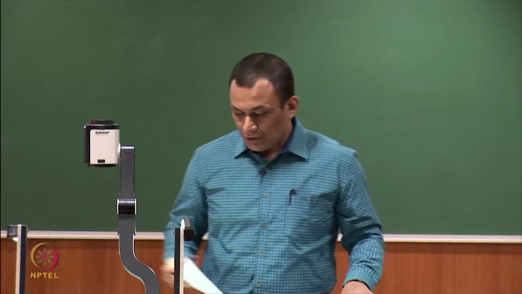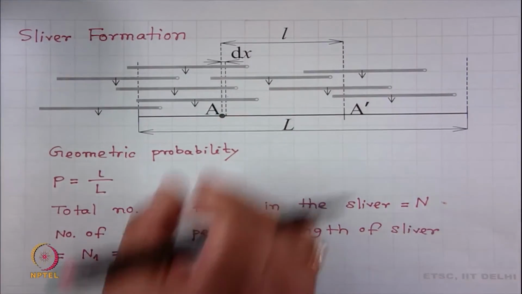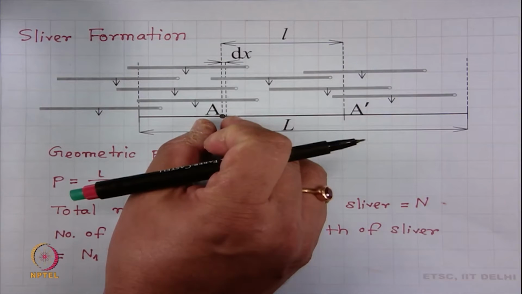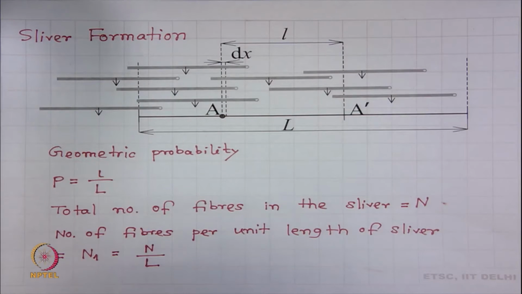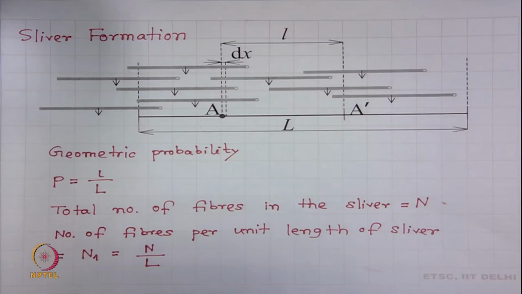Now, we will consider a very short length in a sliver. Say we come back to our sliver formation diagram. Here you see a small length dx. So, what is the mass of sliver in this small length dx? The mass will obviously be very small because the length is very small.